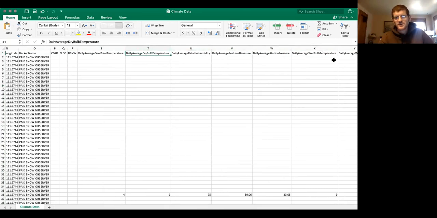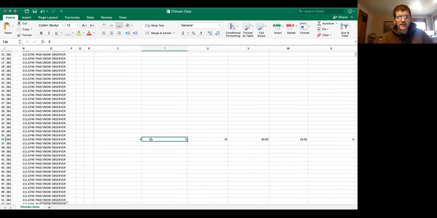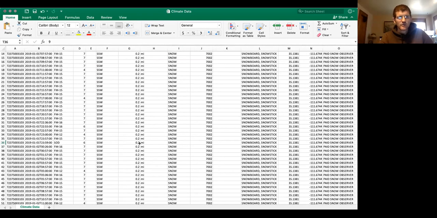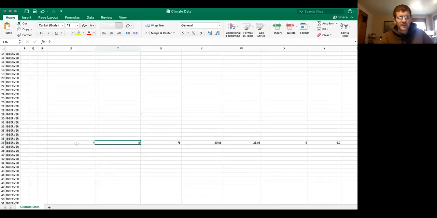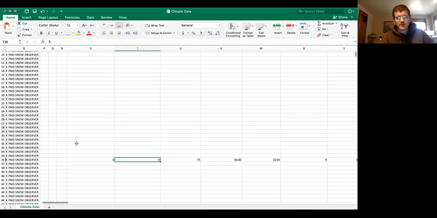If it's something like this and your data set could be really weird, just keep it consistent. I'll just look at the dry bulb temperature. So on January 1st, and I can see the date way over here at the end. This is January 1st, 2019. On January 1st, it was 9 degrees average temperature. And you can randomly sample from the days, and you'll have to skip around a little bit, but you can get it.